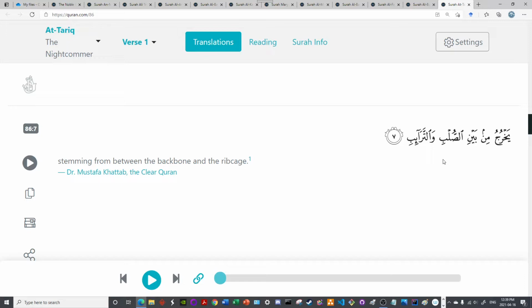With the addition, it is التَّرَائِبِ. With and, وَالتَّرَائِبِ. The full sentence is يخرج من بين الصلب والترائب.